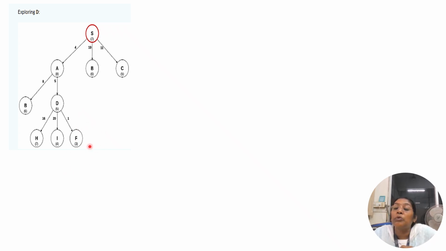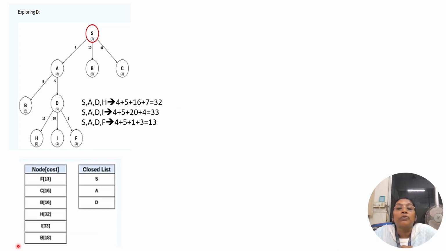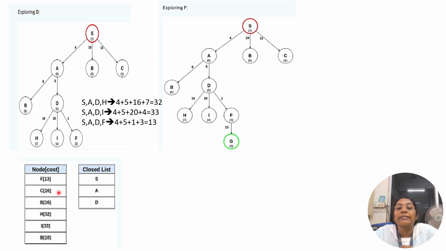So F goes first in the open list. So F is the least f of n value. So now after A, B, D in the closed list, F is having the least f of n, so F will be taken to the closed list.